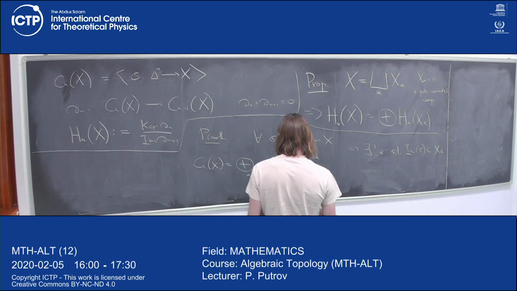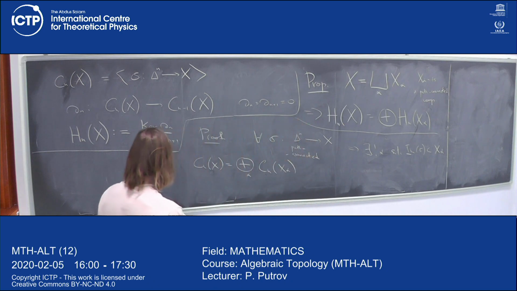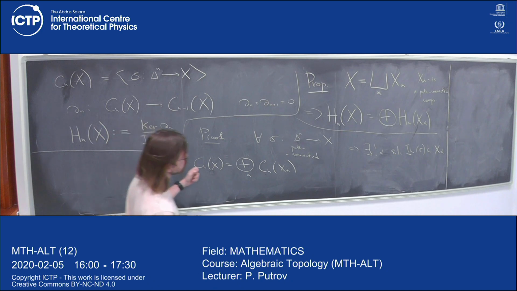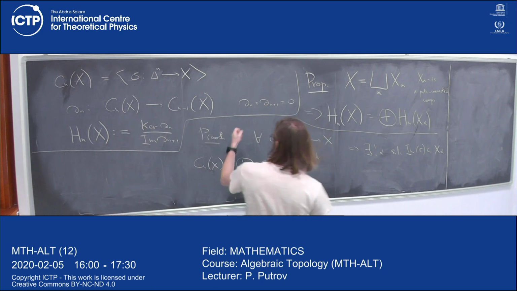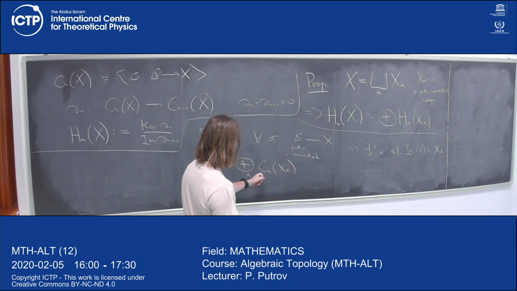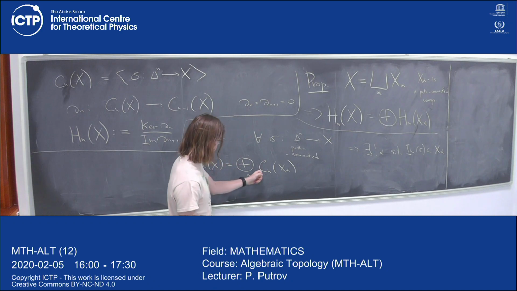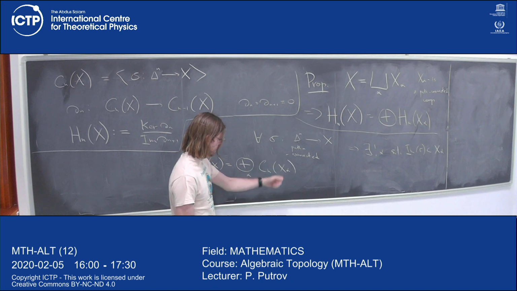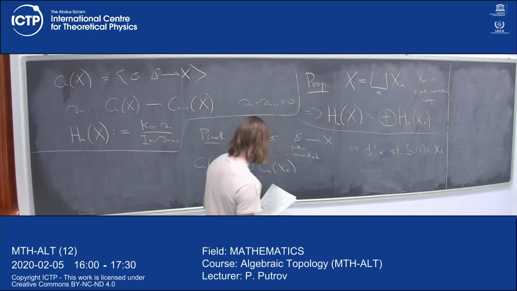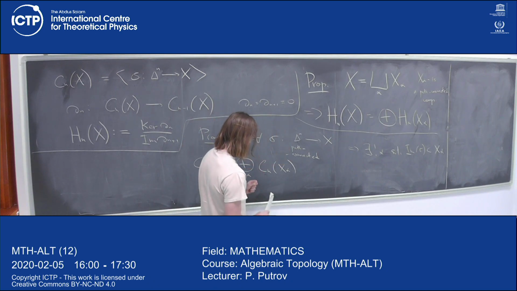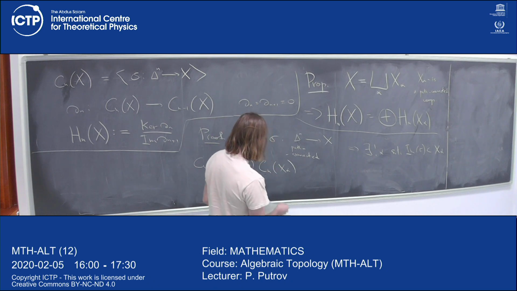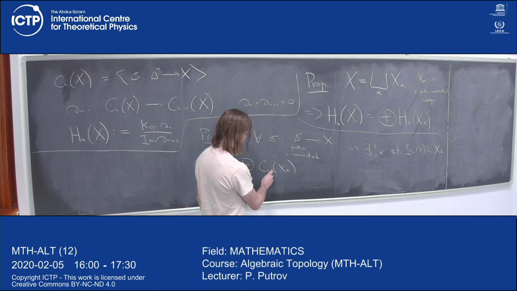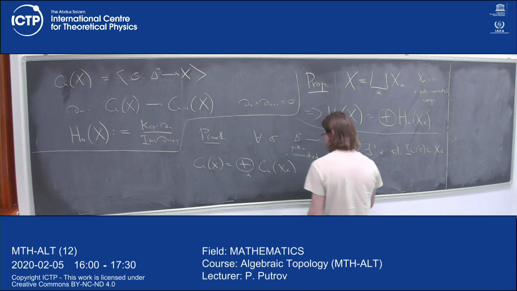And then we also need to show that the boundary homomorphism, when it acts on this direct sum, maps each component into the image of the corresponding component when I replace n by n plus 1.